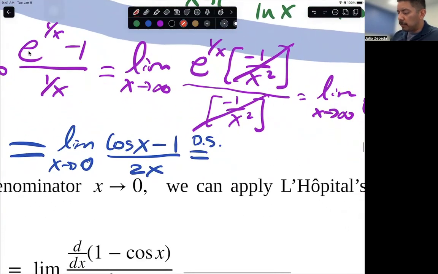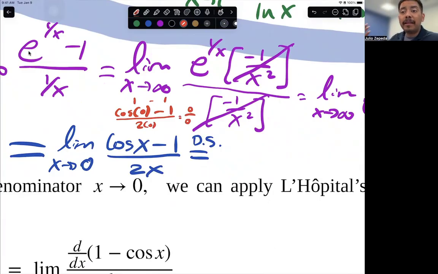You're going to get cosine of 0 minus 1 on the top and 2 times 0 on the bottom. Cosine of 0 is 1, and 1 minus 1 is going to give you 0 on top, and we get 0 on the bottom. So notice we have to apply L'Hopital's rule again.